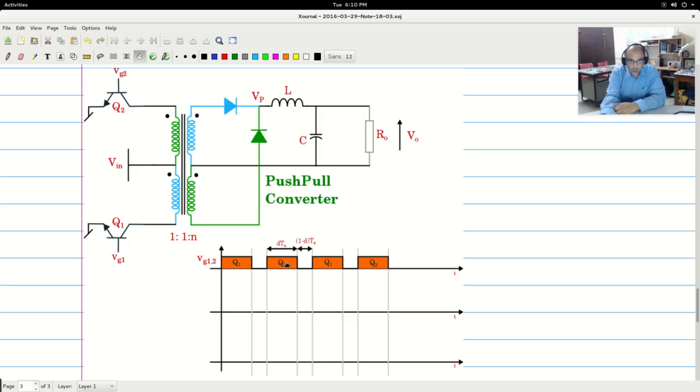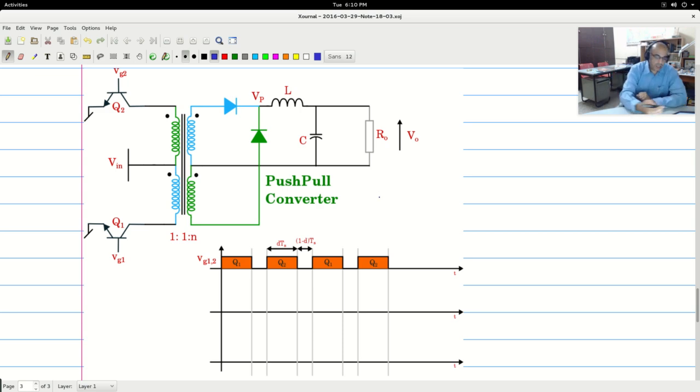During the Q2 period, the inductor current and the green diode current will be the same. During the period when Q1 and Q2 are off, the inductor current will equally divide between the two diode currents. So using that principle, we can write the diode currents. Let me now go about drawing them.